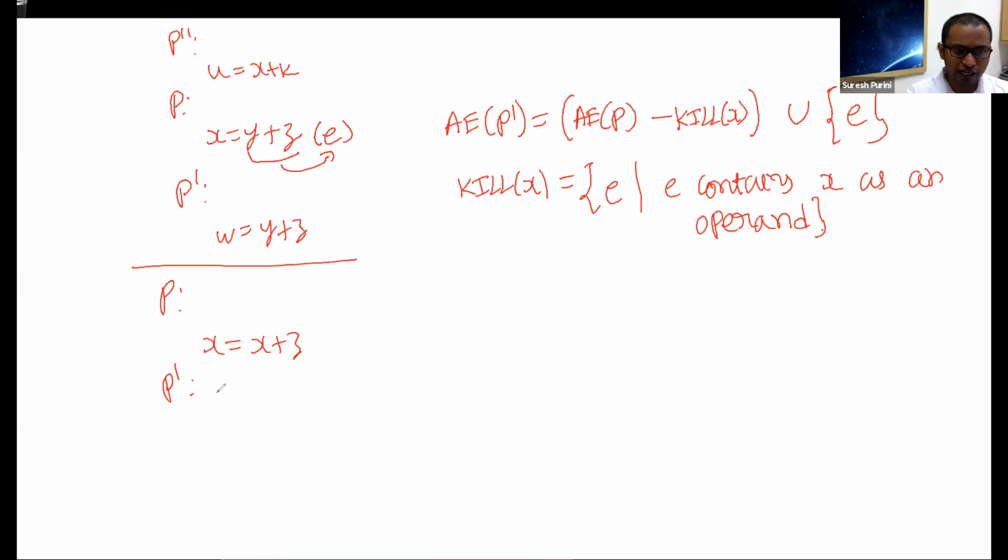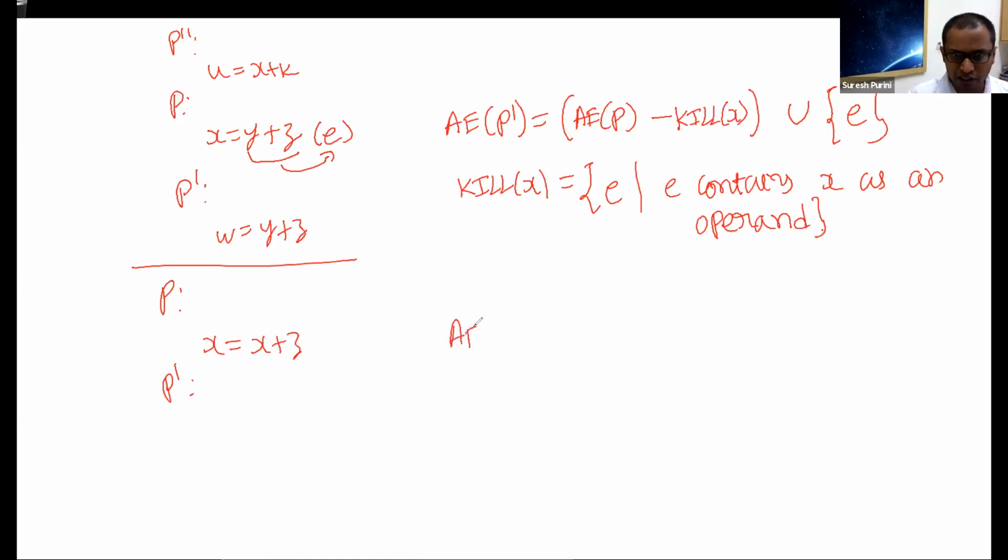So because of that, it is not available at the program point P prime. But according to this relationship between the available expressions at program point P prime and P, E gets included. So there is a problem in this relation when we encounter tuples such as this. So how do we solve this problem?